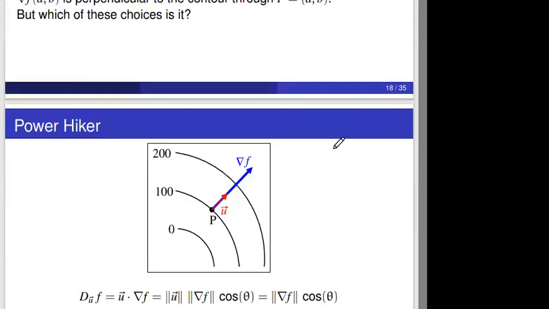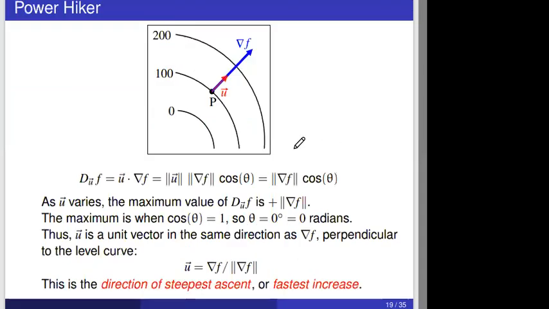Okay. So if you have a power hiker, he always takes this route in the direction of the gradient of f. So the angle between u and delta f is 0.